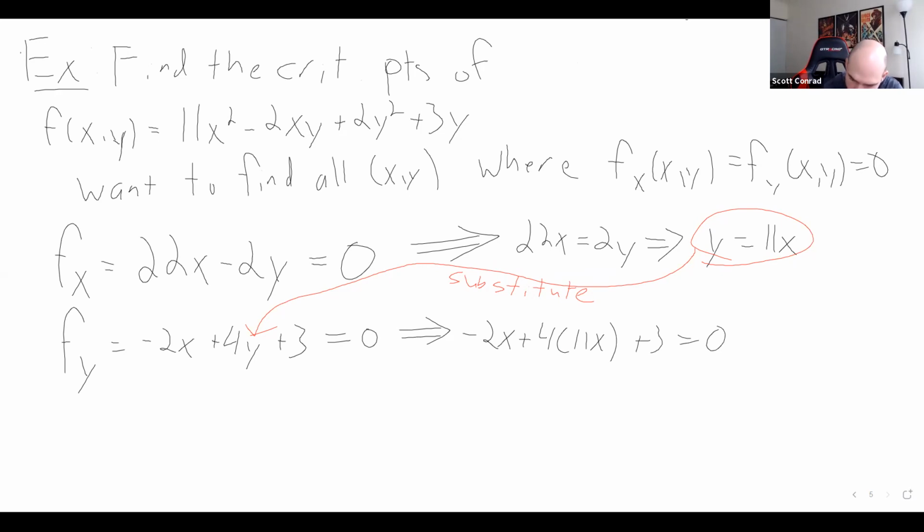In other words, negative 2x plus 44x, so we get 42x, is equal to negative 3. So we know x has to be equal to negative 3 over 42, which is negative 1 over 14.